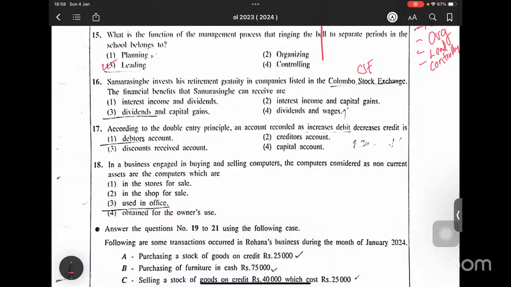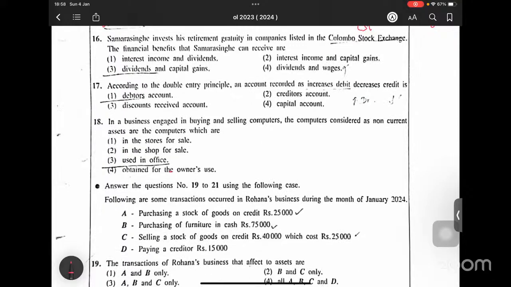Summarizing, we did that question, right? According to the double entry principle, an account recorded as increases debit, decreases credit is... So we saw that it will be asset and expense. So debtors account, is it asset, expense, liability, or income?